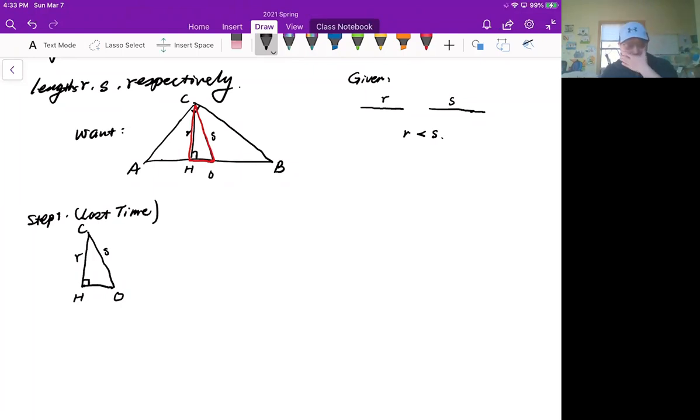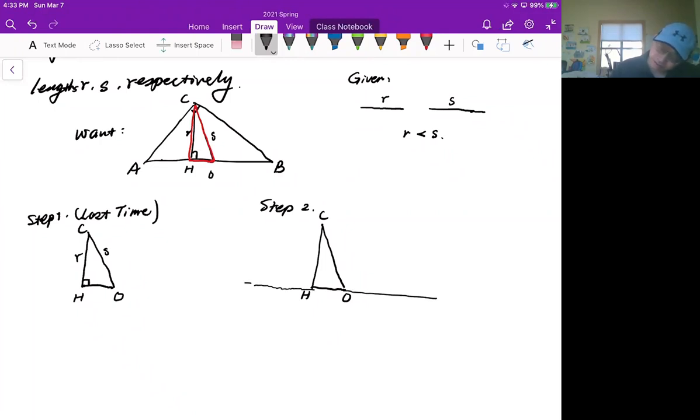Okay. And then what's my second step? Step two is where you have this figure, with C, H, and O. Now step two is that you make an extension of the line OH.